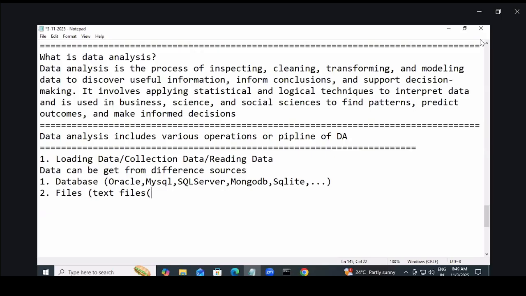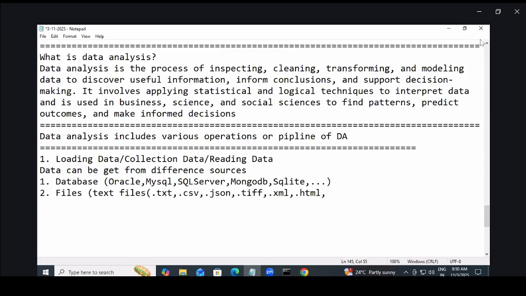Text files. Text files have extensions like .txt, .csv, .json, TIFF, and XML. Okay, all these, and .html. HTML means you read the data from the web. That is nothing but web scraping.